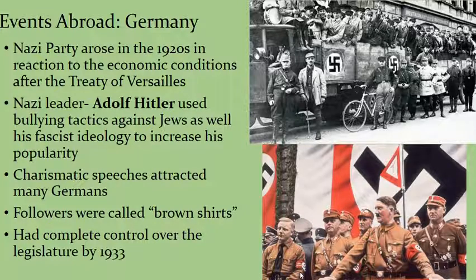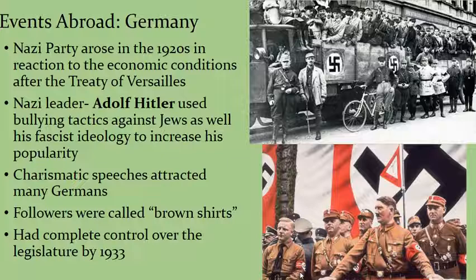They target the Poles as the cause of this, the root of all evil, these less desirables. This is who you need to be angry at, and he listed all these people, the Jews being one of them. You guys should remember this from World War II. His followers are called the brown shirts.